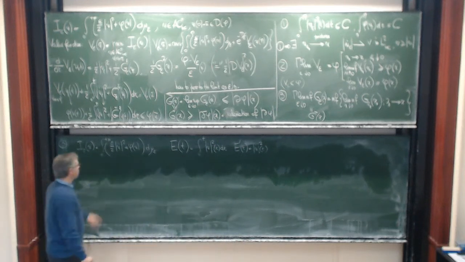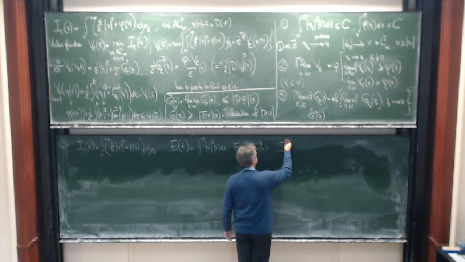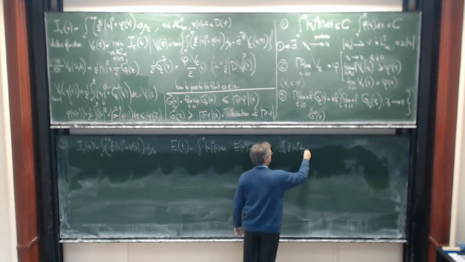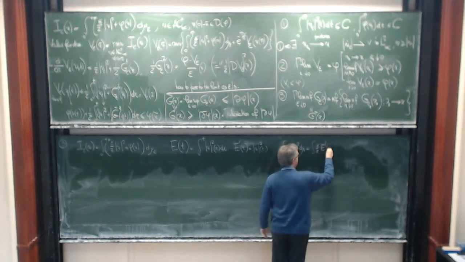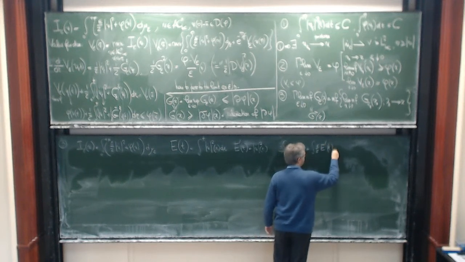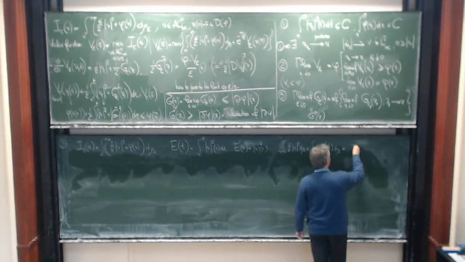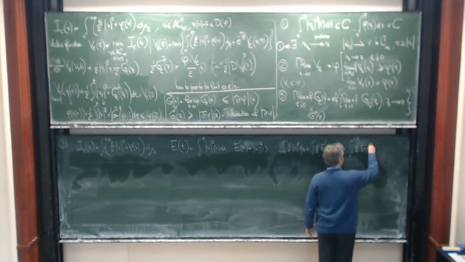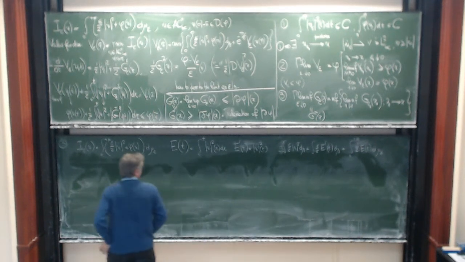And so you may rewrite this integral by observing that the integral of epsilon over 2 u dot square in the mu epsilon is equal to the integral of epsilon over 2 times the derivative of this functional. And then you may integrate by parts, and this gives you the integral from 0 to plus infinity of 1/2 E of t in the mu epsilon by the property of the functional.